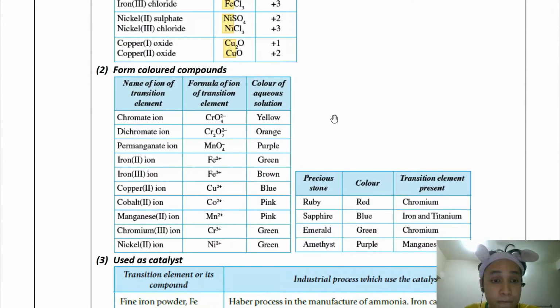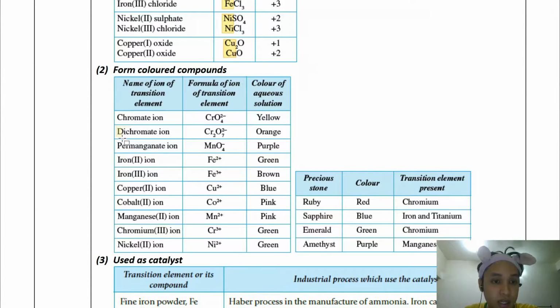Now the second special characteristic of transition elements is that they form colored compounds. Different ions will give you different colors. Chromate ion will give you yellow. So are you going to memorize everything? Of course not. I'm going to tell you a few important ones that you must know.